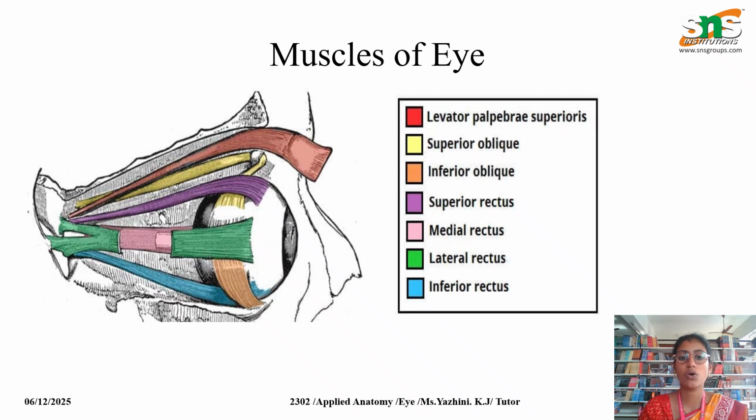In nursing, we should always document if the patient complains of pain in the eye, because abnormal eye movement can differ with stroke, neck injury, and thyroid eye disorders. So we have to always check the movement of the eye.